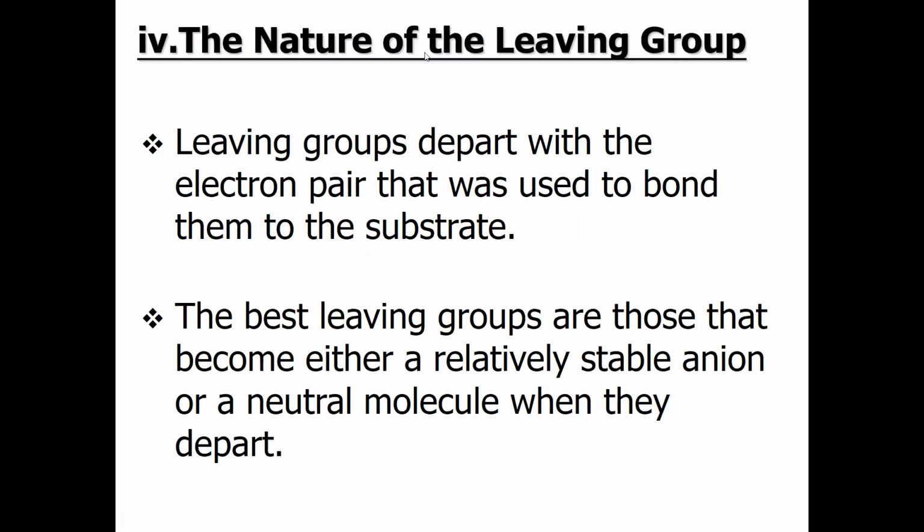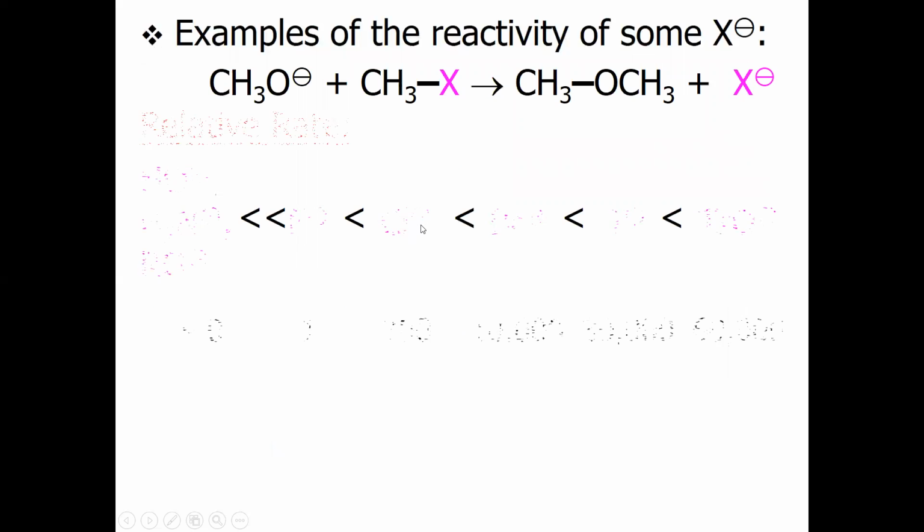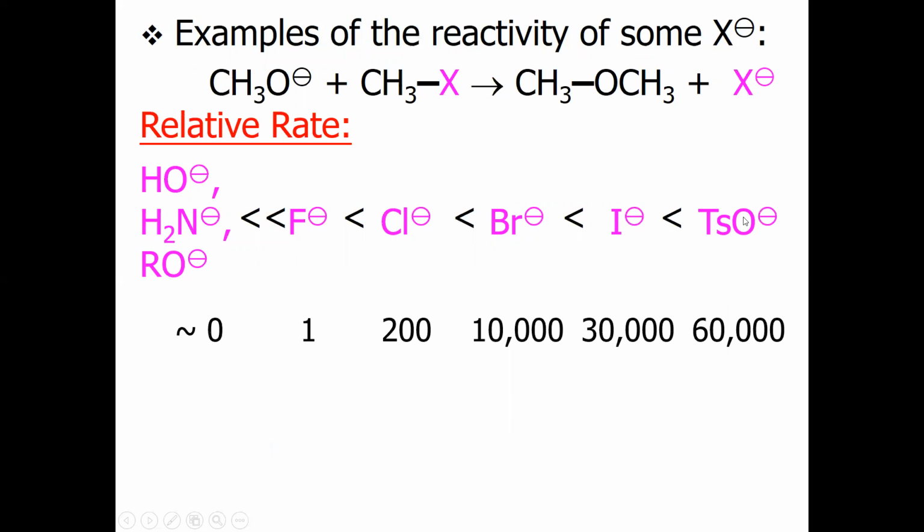The nature of the leaving group. The leaving group departs with the electron pair that was used to bond it to the substrate. The best leaving groups are those that become either a relatively stable anion or a neutral molecule when they depart. Generally, bigger and resonance stabilized groups are the most stable, and so the best leaving groups. For example, tosylate is about 60,000 times better as a leaving group than hydroxide, amide, or alkoxide.